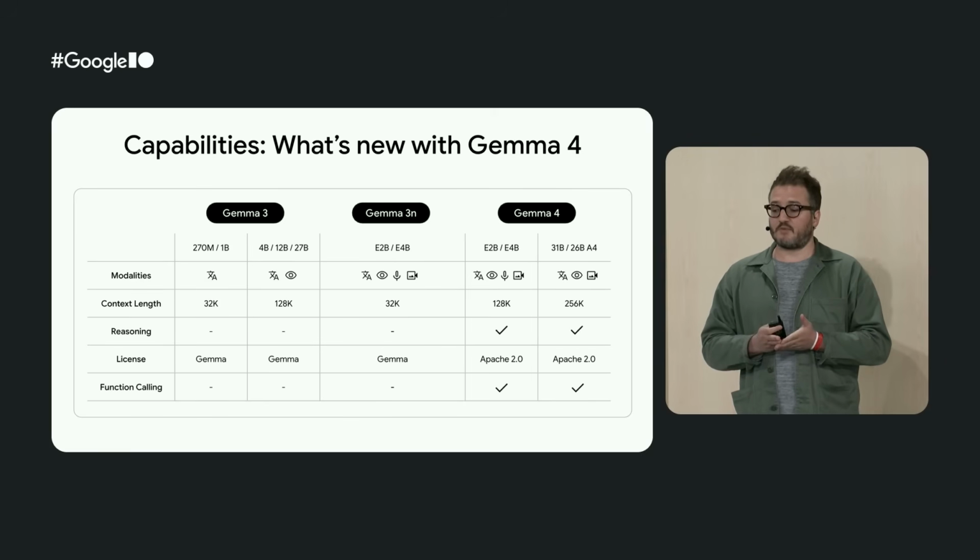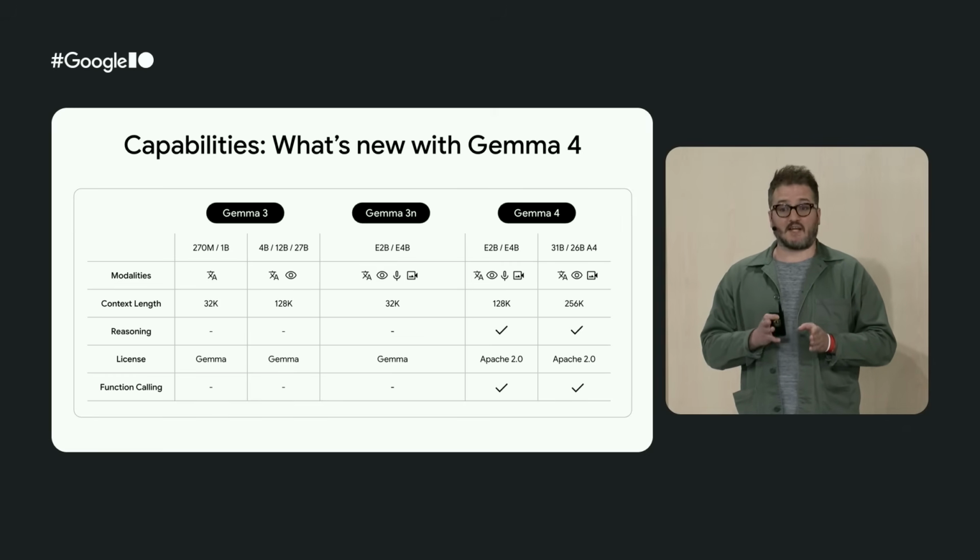In terms of capabilities, we've changed a couple of things compared to Gemma 3. Now, our models have a larger context window. We moved from 32,000 tokens to 128,000 for smaller sizes, up to 256,000 for 31B and 26B. Now, all of our models come with both reasoning, aka thinking, and function calling, making them fully ready for the agentic era.